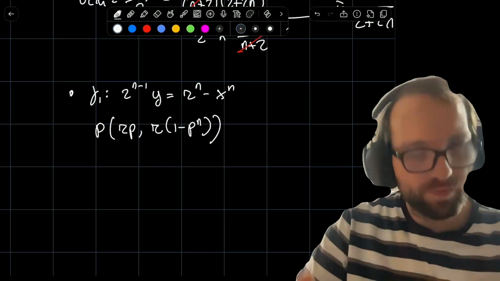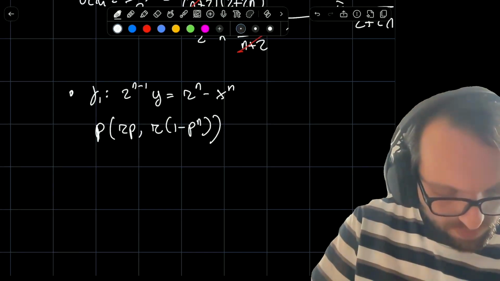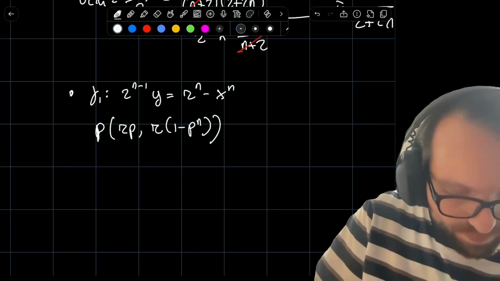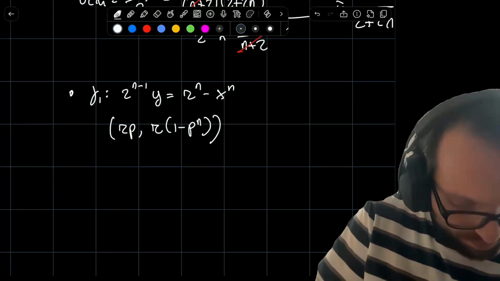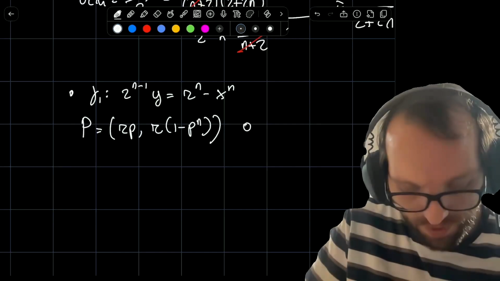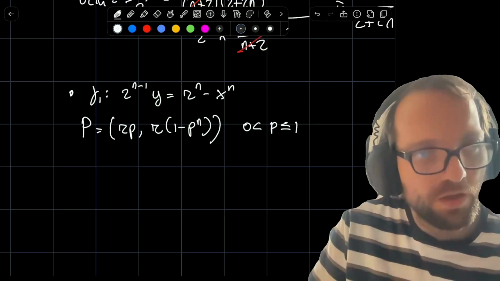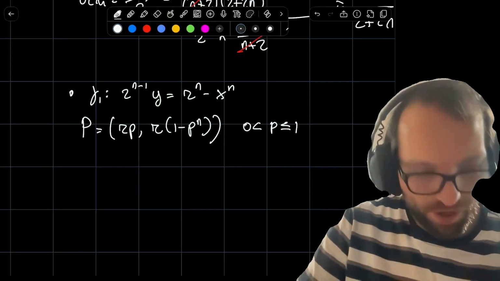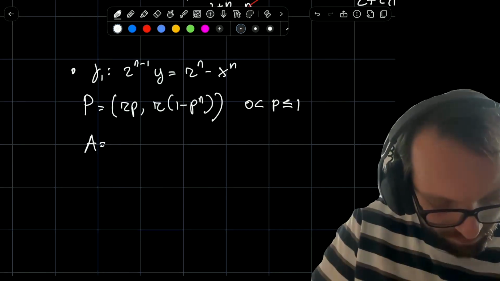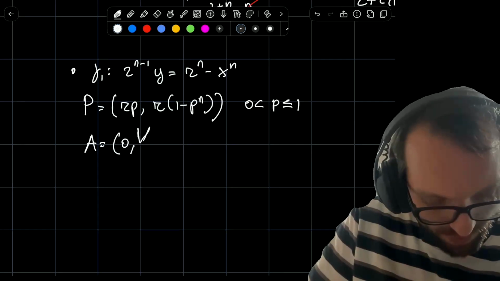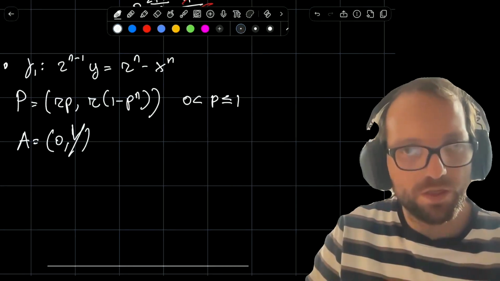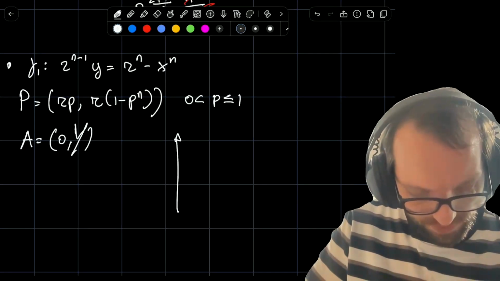And we know that this is the point big P, and little p is between 0 and 1, and we know that there is an intersection A in the y-axis of big Y. So the situation is something like this.